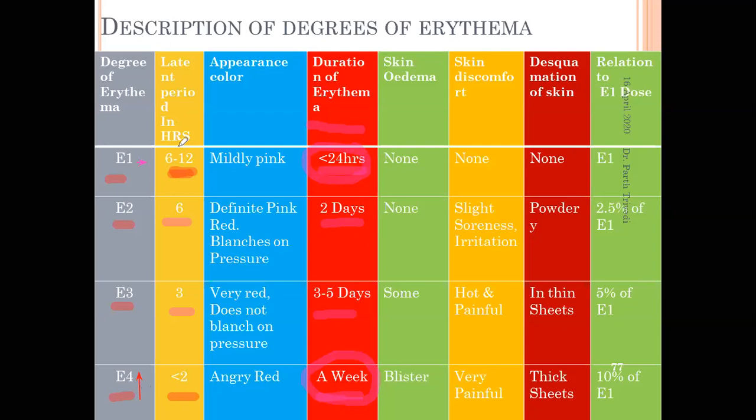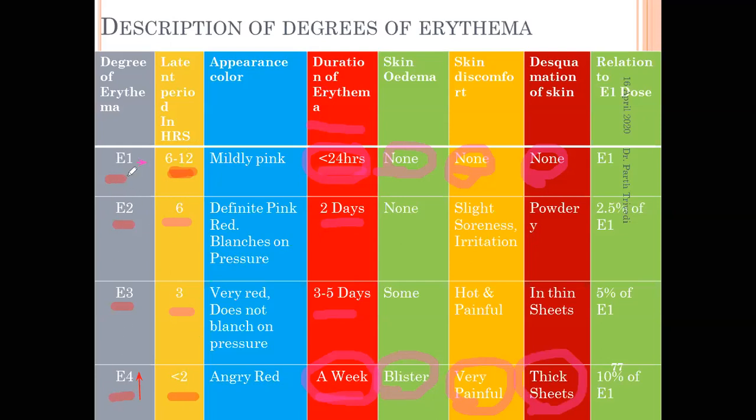This means there will be no much skin reaction, no edema, no discomfort, no desquamation. Clear? But in E4, you will have a blister. It will be very painful, with discomfort, and thick sheets of desquamation will happen. Clear? So I'm just giving both the extremities. We'll discuss one by one.